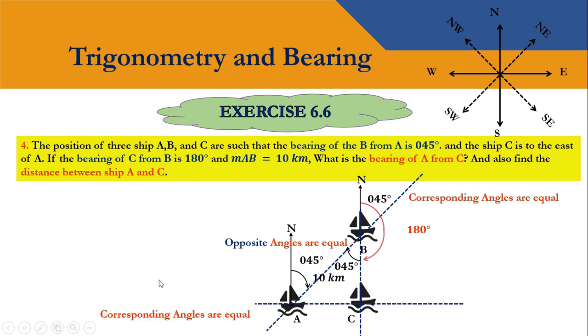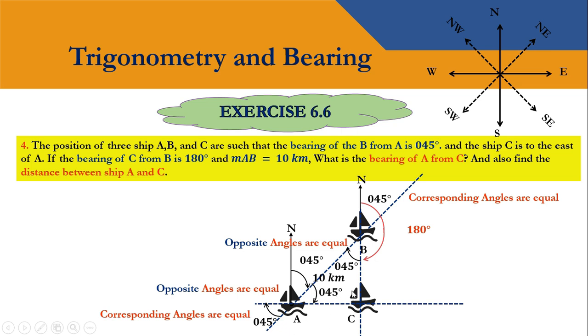Again, with the help of corresponding angles, if this angle is 45 degrees inside the triangle, then the angle formed outside the triangle at this spot should be 45 degrees. Now again, with the help of opposite angles, if this angle is 45 degrees, then the angle formed inside the triangle should be 45 degrees.